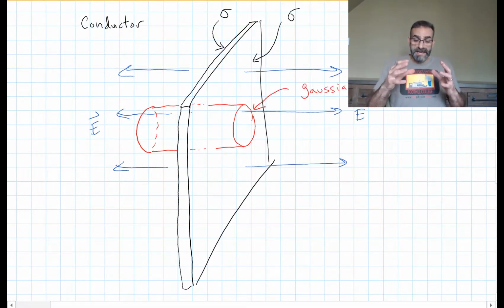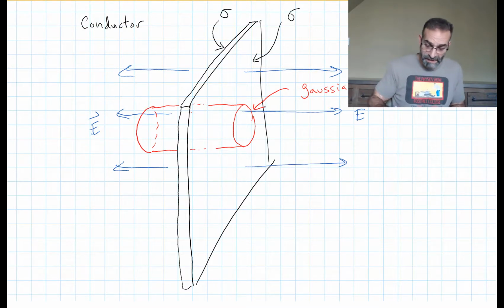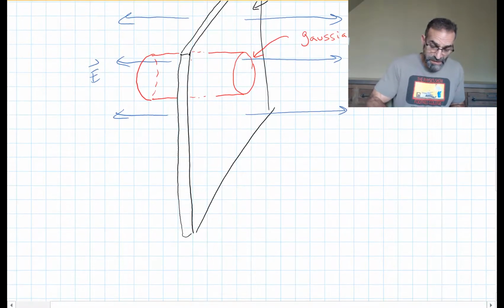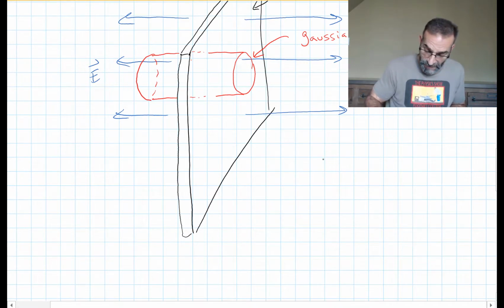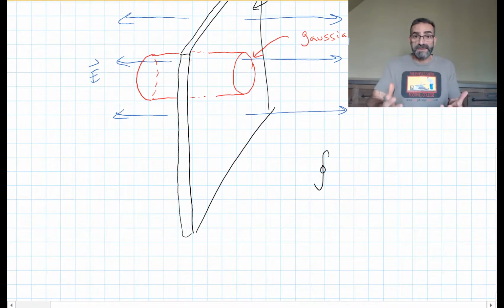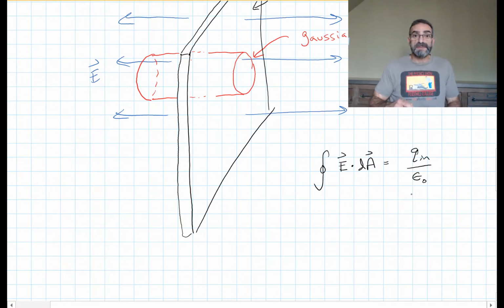And we can see that we have some symmetry here, right? Our electric field lines are either going to be parallel or perpendicular to every face. Let's go ahead and use Gauss's law to figure out the electric field. The integral over every surface of our Gaussian shape of E dot dA is Q inside the Gaussian over epsilon naught.